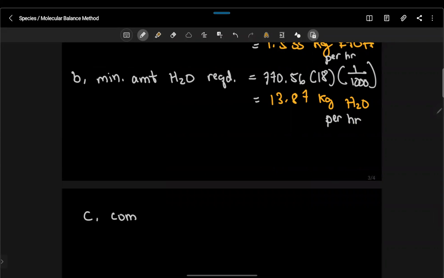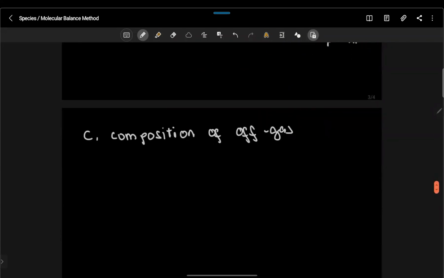Composition of gas. Ano daw yung composition ni nitrogen and oxygen? Ano yung mga percentage nila? Hindi sinabi kasi kung by weight ba or by mole. So, gawin na lang natin lahat. So, oxygen.